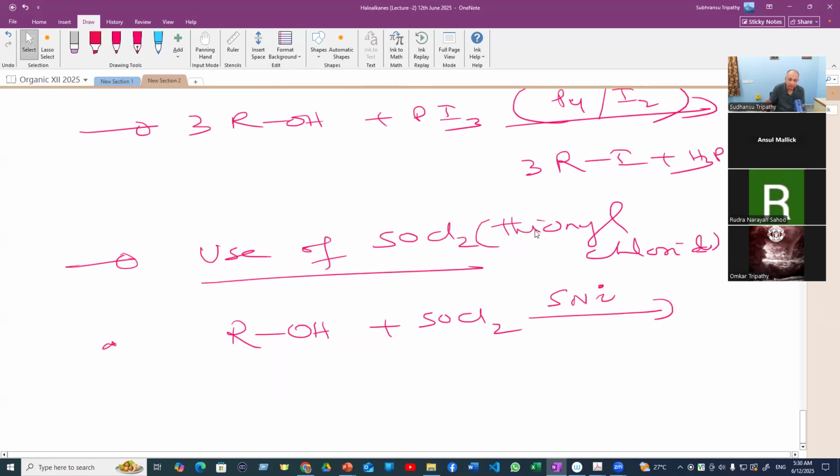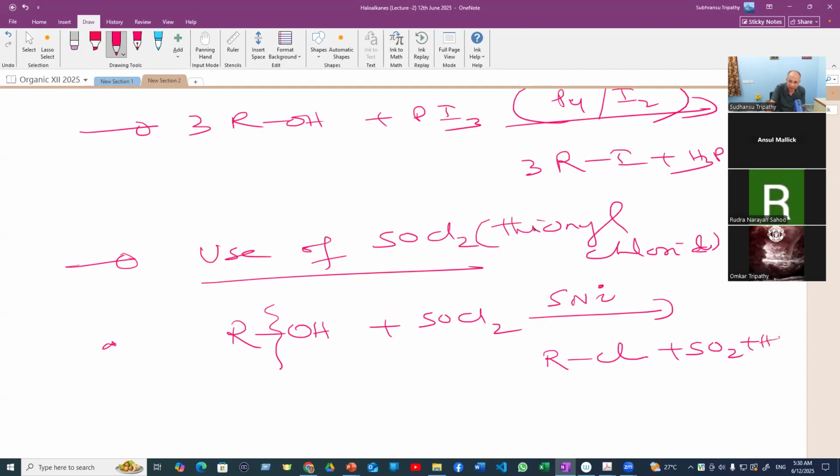The mechanism will be something different. On the side where OH is present, from the same side Cl will come in, in a very typical cyclic manner, not using the other side. It will not allow the formation of carbocation, and Cl will remain in the position of OH, so there will be retention of configuration.